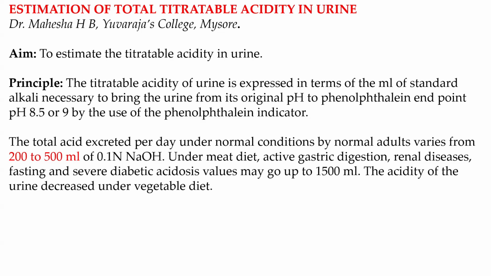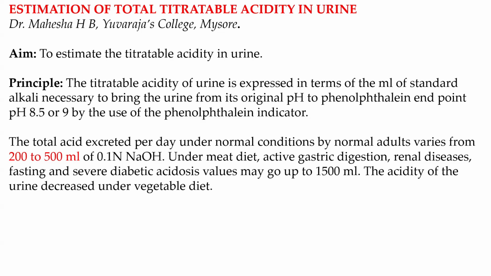We generate a lot of acid. But the amount of acid excreted per day by humans varies across individuals. So the range is usually between 200 to 500 ml of 0.1 normal sodium hydroxide.